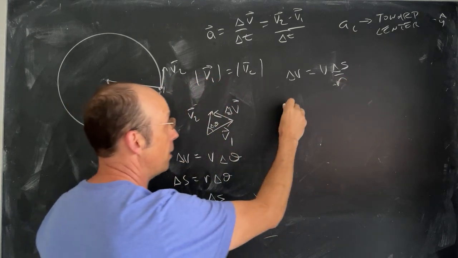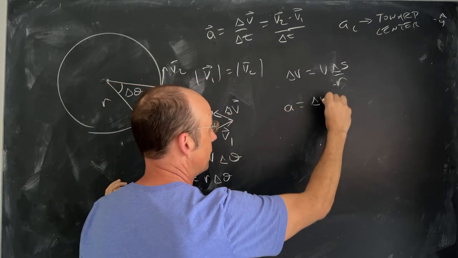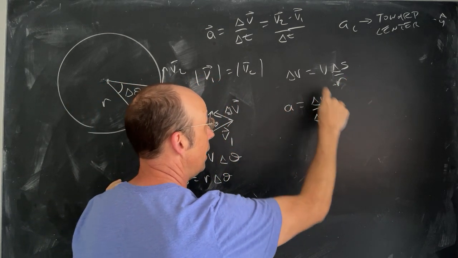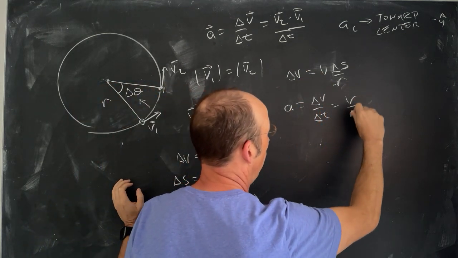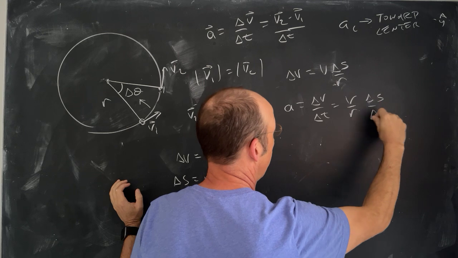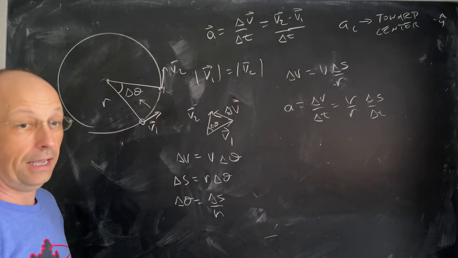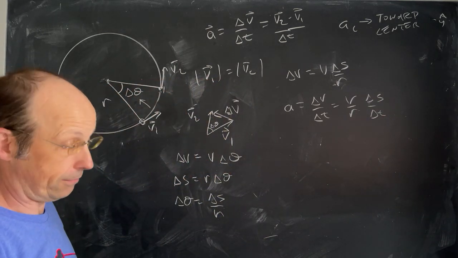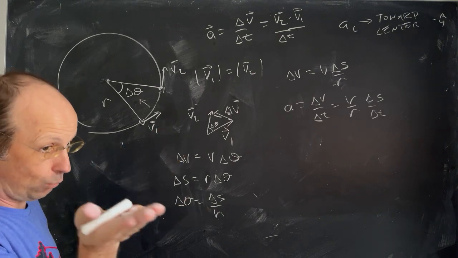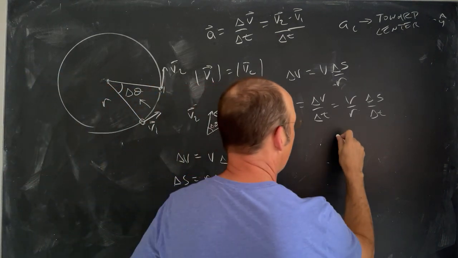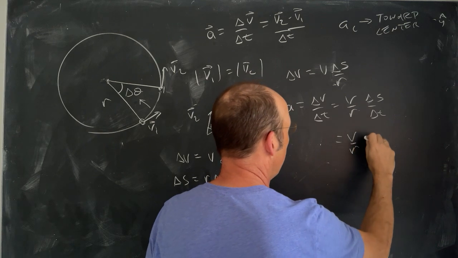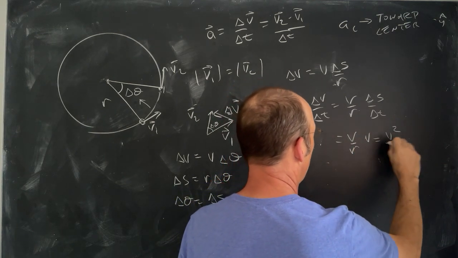Now I want to find the magnitude of the acceleration. That's delta v over delta t. So I can just take that and divide by delta t, and I get v over r times delta s over delta t. And delta s over delta t is what? You know what that is. That's the velocity. So this is going to be v over r times v, or v squared over r.